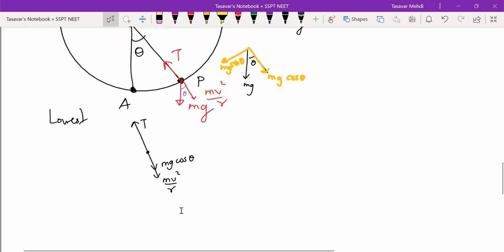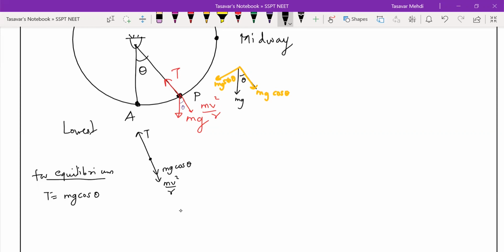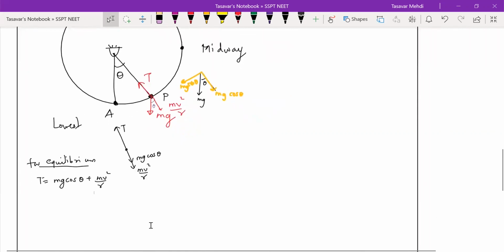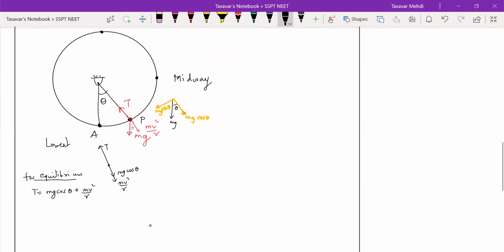Now, for equilibrium condition, I can simply say that tension will be nothing but mg cos theta plus mv square by r. Are you clear with this much? Everyone? Yes. Okay. Where r is the radius of the circular path.